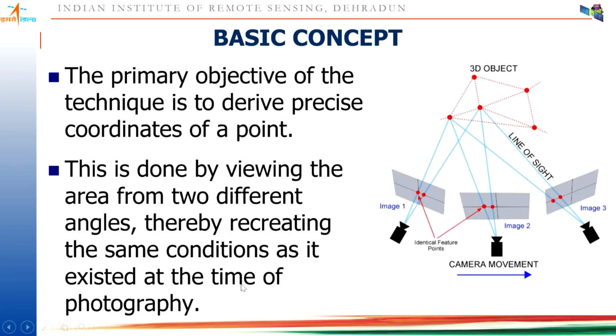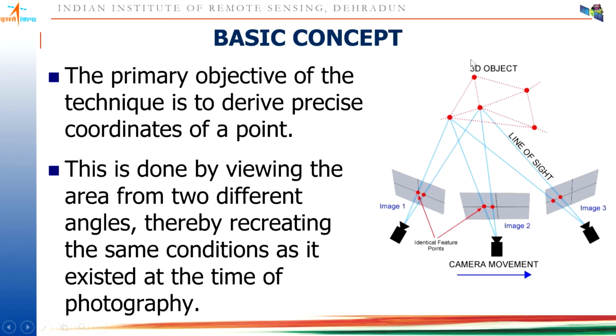Now, what does this mean? This means that at position 1, when we have placed the camera, we have captured image 1. We have captured image 2 when the camera is located here. Image 3 has been captured when the camera is at a different position. So the camera is moving from position 1 to 2 and position 3.